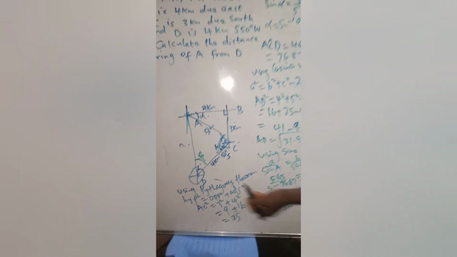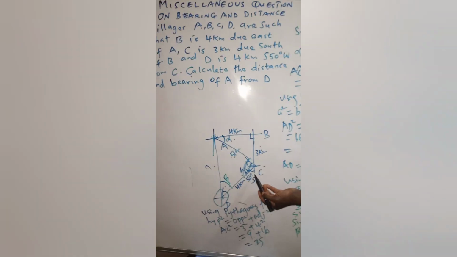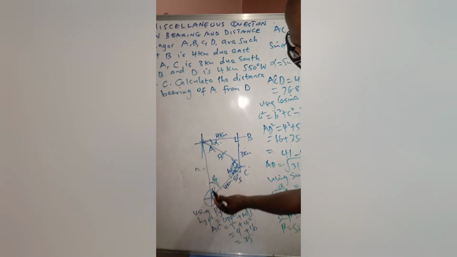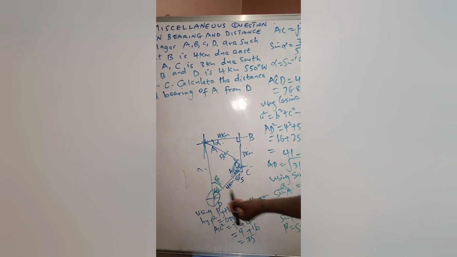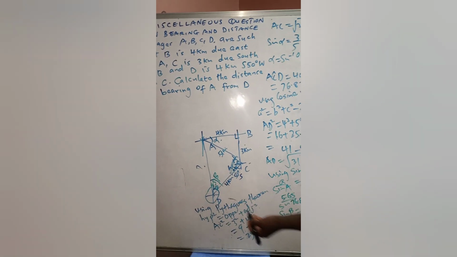So how do we get this angle? Now this is 50. Z angle is also 50. So 59.5 minus this 50 we have here will be 9.5.